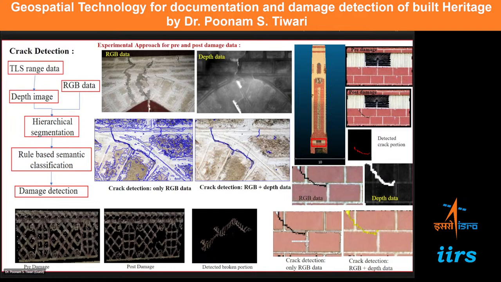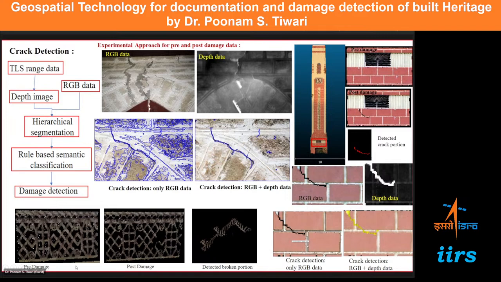So we will get some depth in that crack also, and we will be able to identify the crack. You can see when we are not using the TLS data, we are getting all the edges, but when we are using TLS data, then only the cracks have been highlighted.